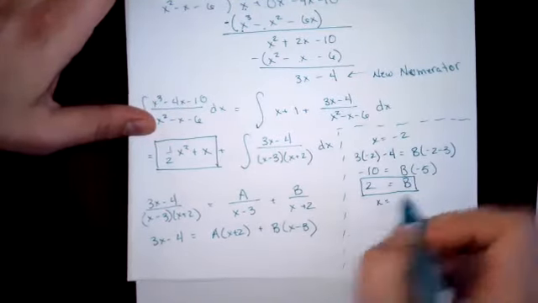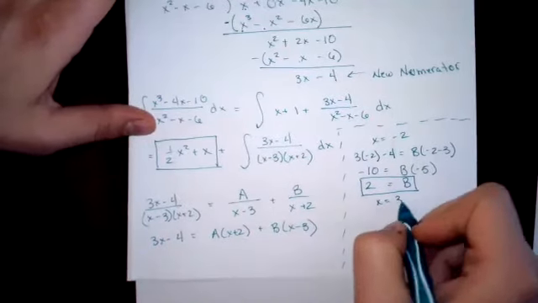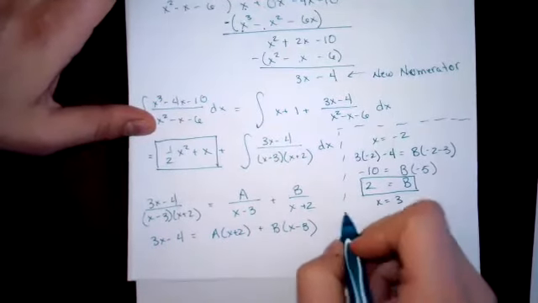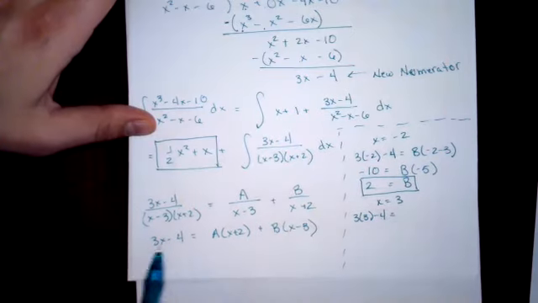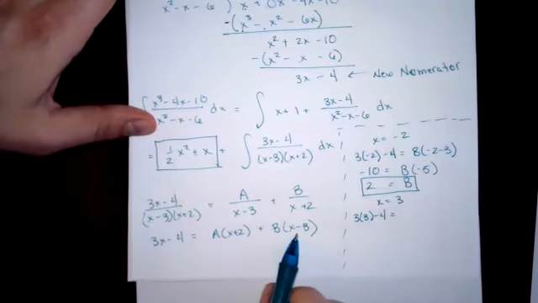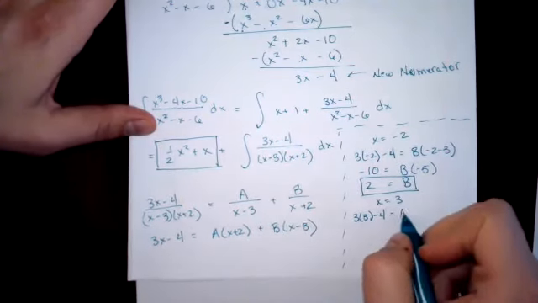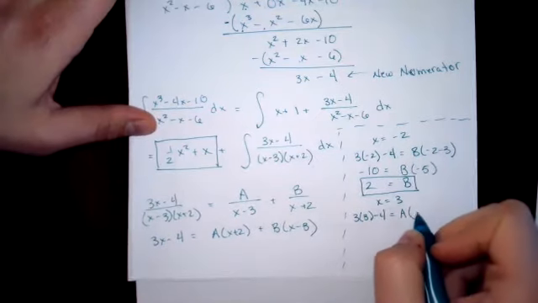And then our other factor, let's check x equals 3. So we will have 3 times 3 minus 4 on the left, and then the B term's going to be 0. So we will have A times (3 plus 2).